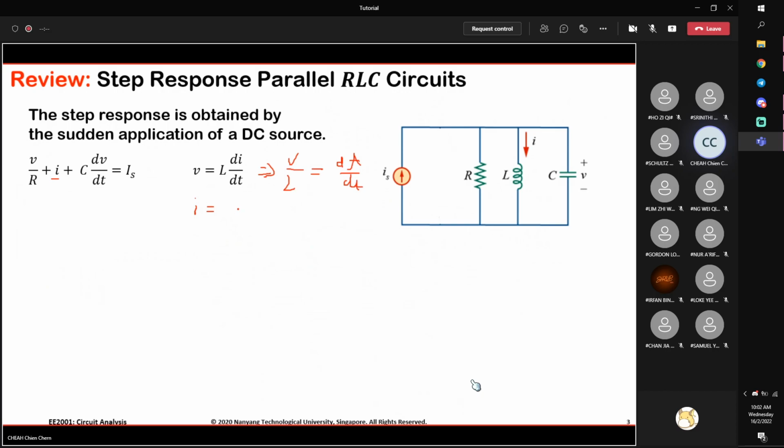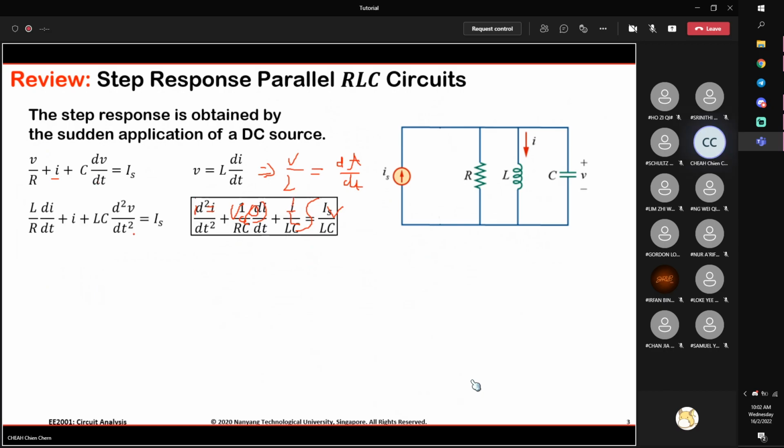By integrating this, remember you will have your initial voltage, and your integration of your voltage with respect to time. After that, you differentiate one more time, you get actually a similar form, except the right hand side is different, of course.